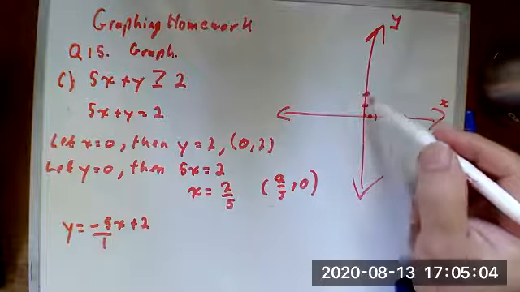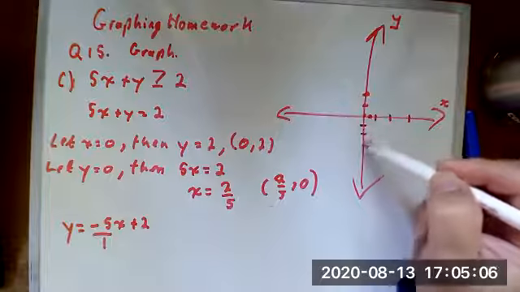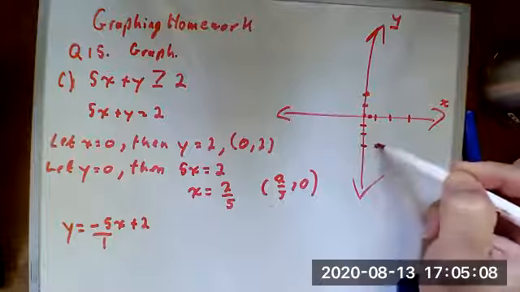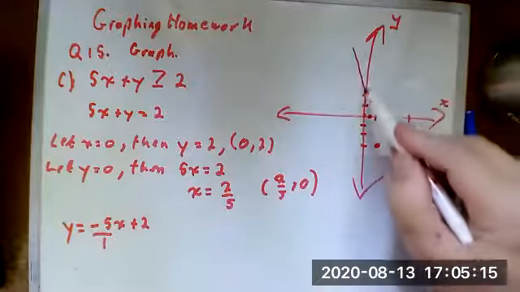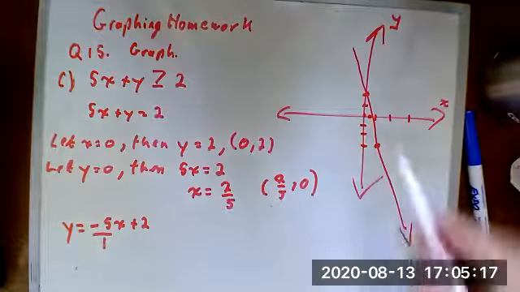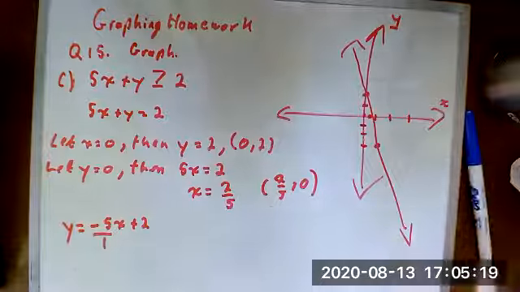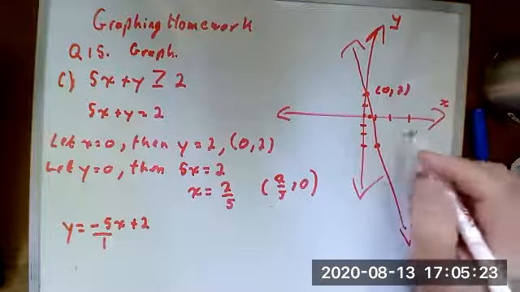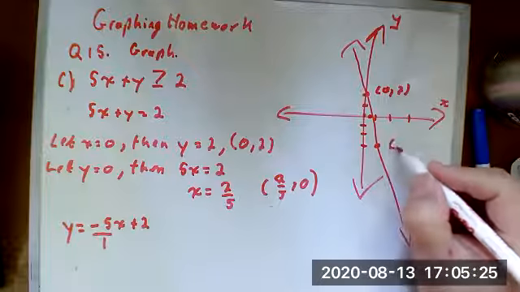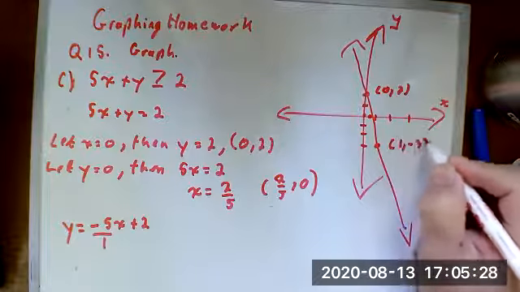So if we start at 2, 1, 2, 3, 4, 5, and then over 1, it's a little bit longer a distance, just a little bit easier to see. And we can do that. Go with 0, 2, and then down here I'll have 1 and negative 3.